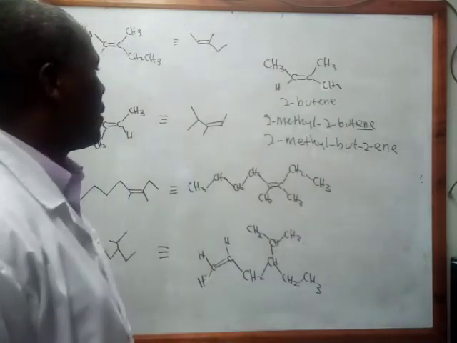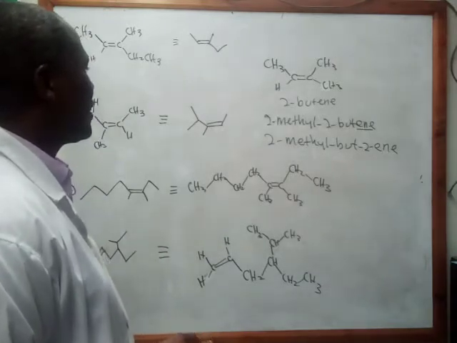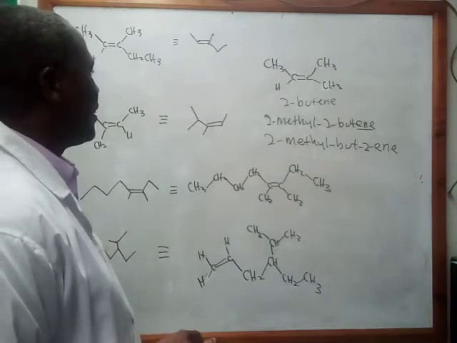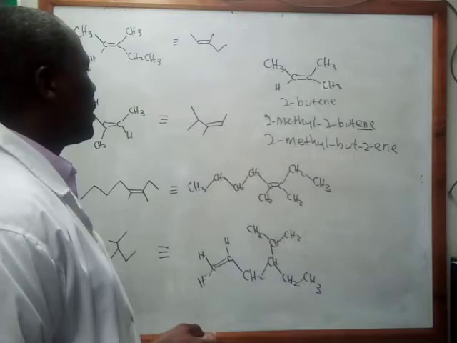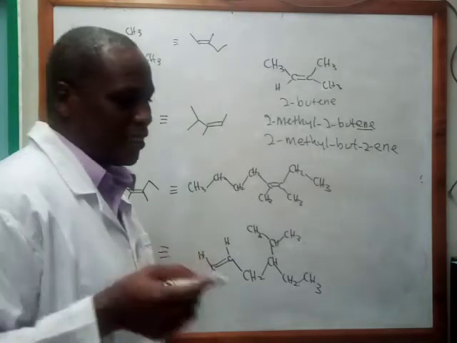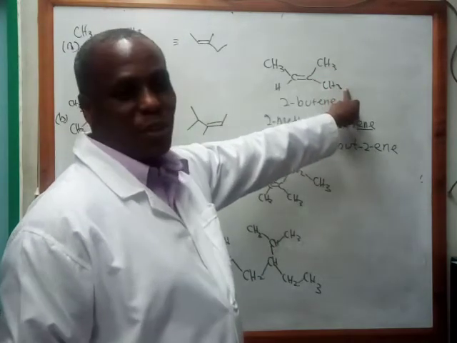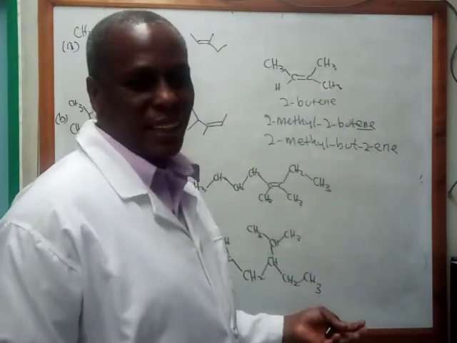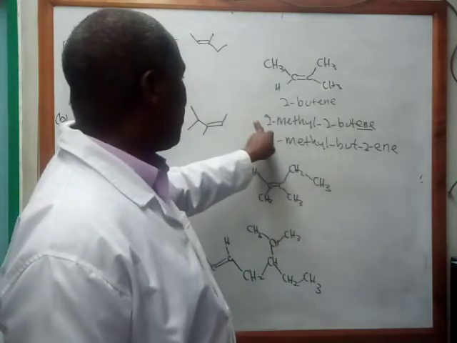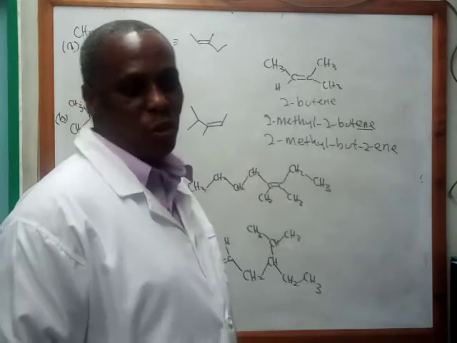Oh, by the way, in this case, I wanted to have one in which the stereochemistry, but in this case, because you've got two similar groups, you cannot put E and Z, yeah? You understand why I'm not putting E and Z, because you've got two similar groups on one side.